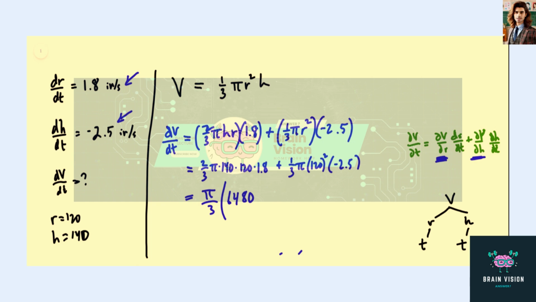So that'll be 60,480. Then we add to that, the pi over 3 are gone, 120 squared times negative 2.5. So that'll give us 36,000, and we're subtracting it.